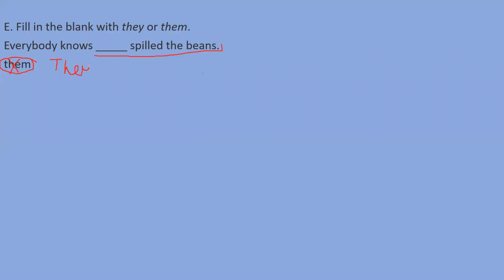Next sentence. If the apples are not ripe, don't buy they or them. Which pronoun will come? Who will let me know? Prakashal, please tell me which pronoun will come here.